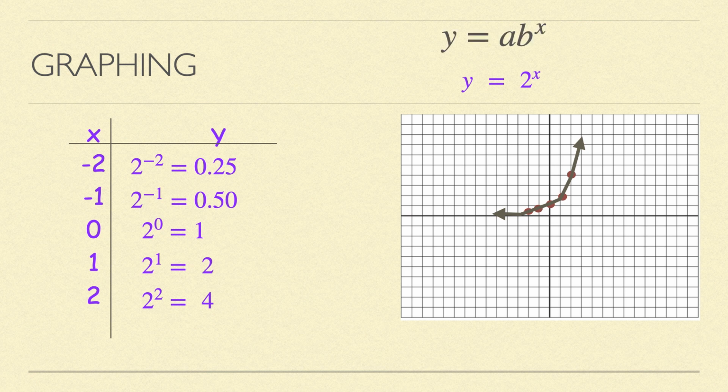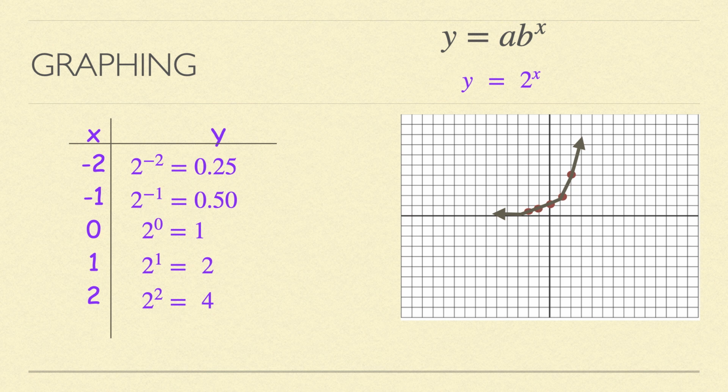All right, so let's look at this again. This was our exponential equation. Notice that the b is connected to the exponent. The a is being multiplied by the number that is connected to the exponent. So let's look at our equation, y equals 2 to the x power.